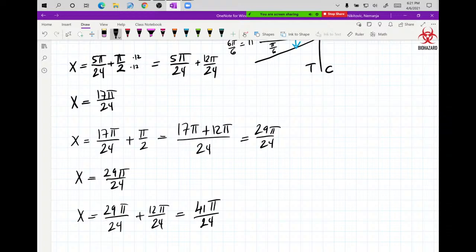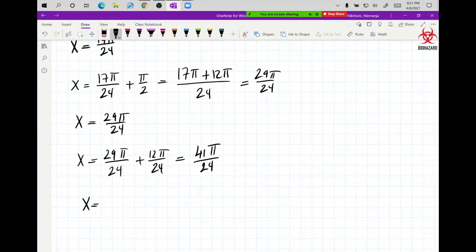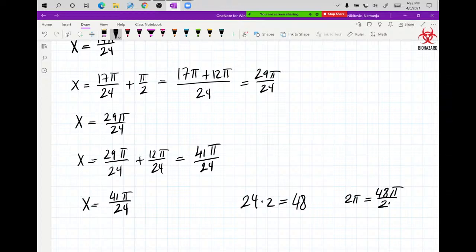Now, let's write. So x equals 41 pi over 24. And it's good to check, right, if this solution is still in the 2 pi. Well, there is another school of thought, but somehow I feel it's dangerous, especially if you're shaky with fractions. But we'll talk about that as well. 41 pi over 24. Now, 24 times 2 is 48, right? So 2 pi is actually 48 pi over 24, right?